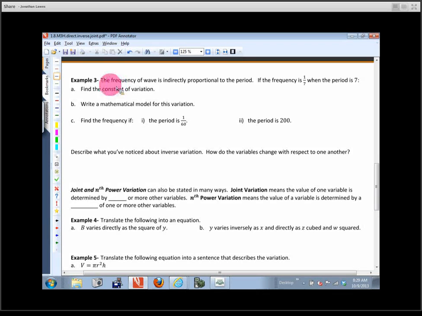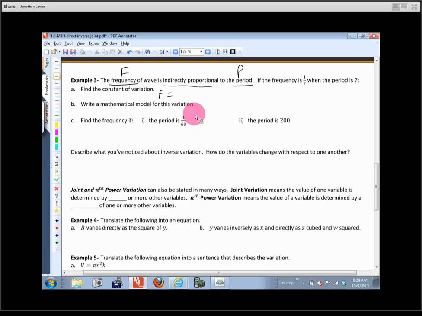The frequency of a wave is indirectly proportional to the period. Well, let's see. If we used F for frequency and P for period, then we'd have the frequency equals, so F in this case stands for frequency, not force.